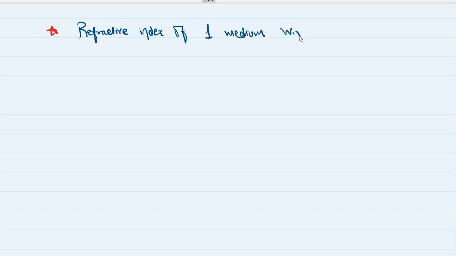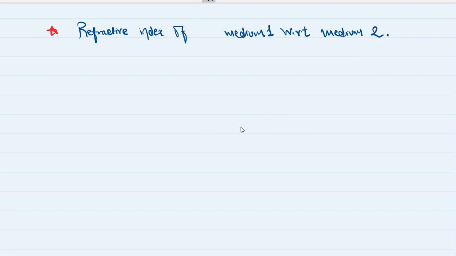But in a broader sense, we can always apply this concept of refractive index to find the refractive index of medium 1 with respect to medium 2.